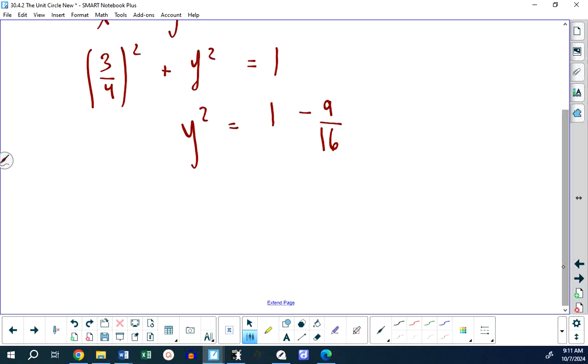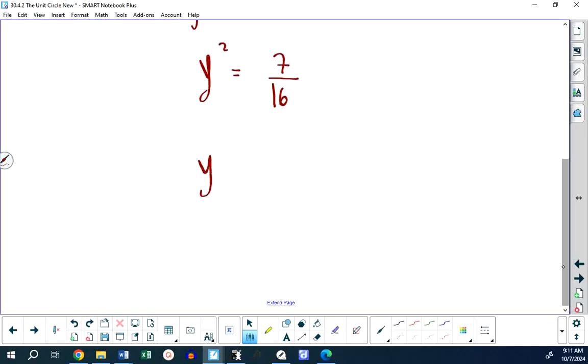If you need to do that on your calculator, that's fine, but I end up with y squared equals 7/16. That means, finally, y is equal to plus or minus the square root of 7/16, which is plus or minus root 7/4. I just want to back up here.